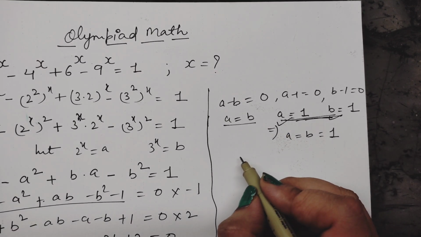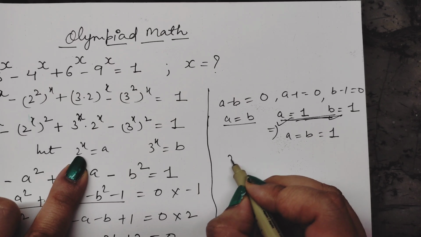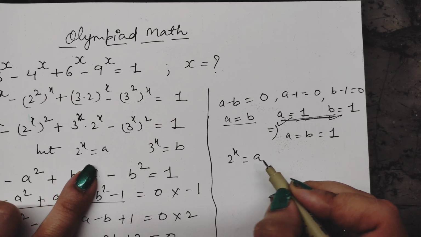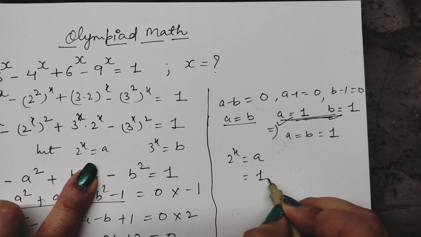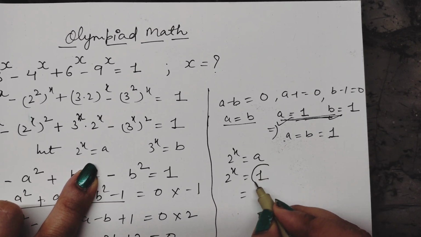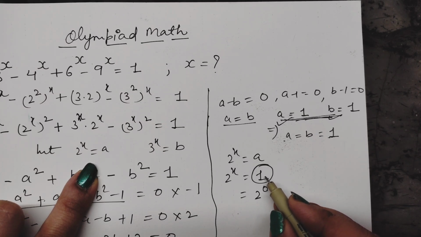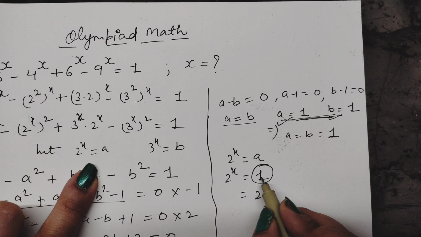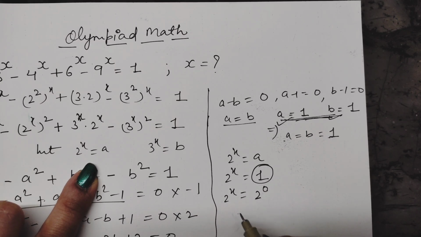And your initial assumption is 2 power x equals a, and a is 1. So 2 power x equals 1. Everybody knows we can write this 1 as 2 power 0, because any number to the power 0 gives the value 1. So instead of 1, we'll write 2 raised to the power 0. You can see the bases are the same on both sides, so x equals 0.